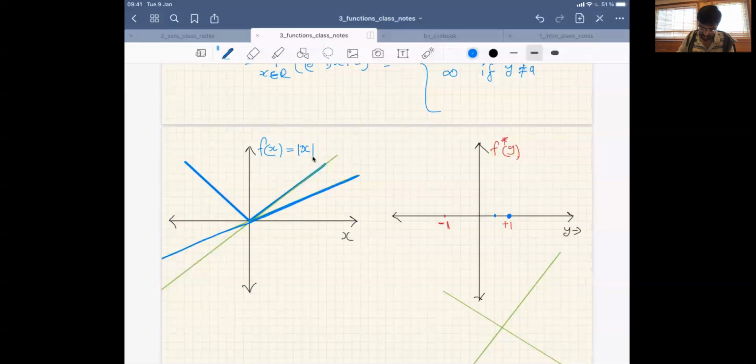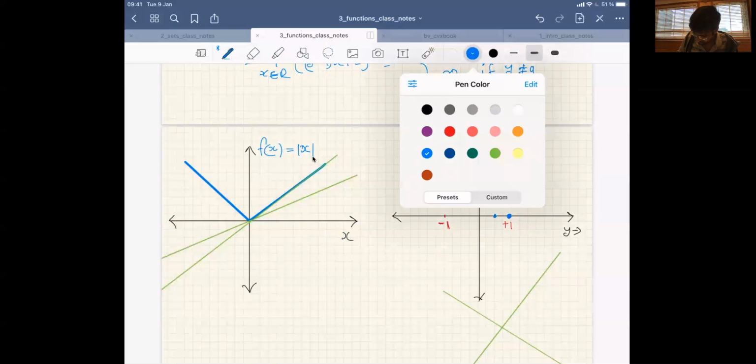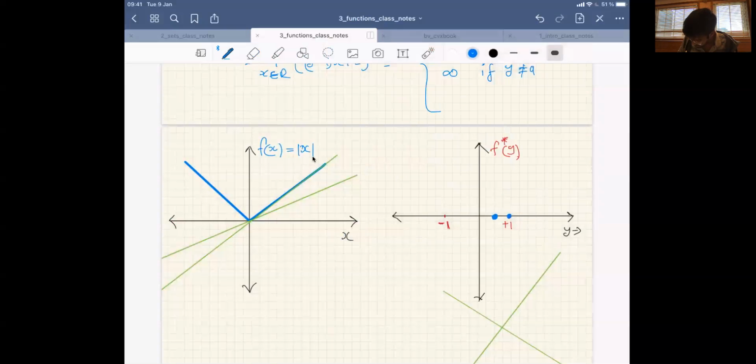See here, this line is below our original function at all points apart from the origin, right? At the origin that will be 0. So in this case it will be 0. 0 is the maximum. So again here we have 0 point.